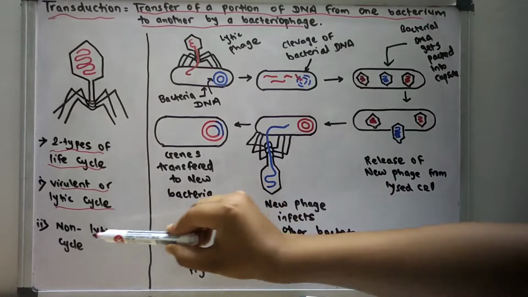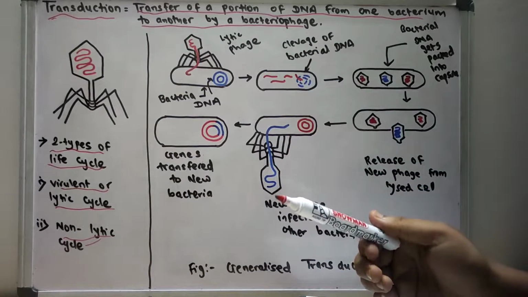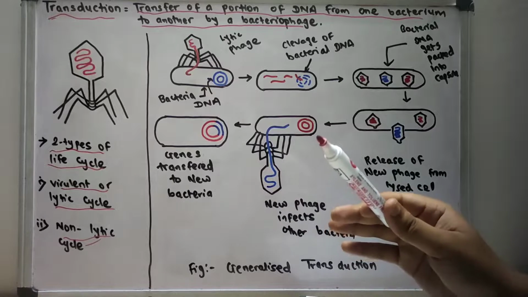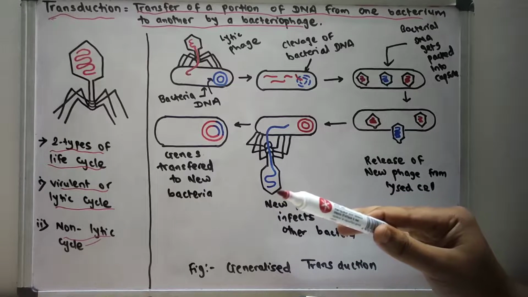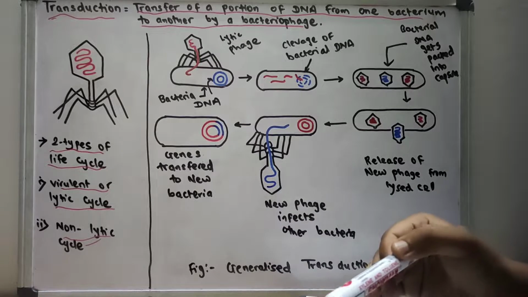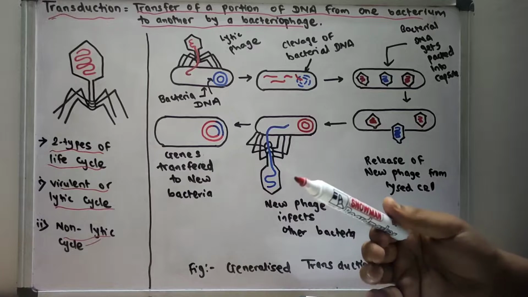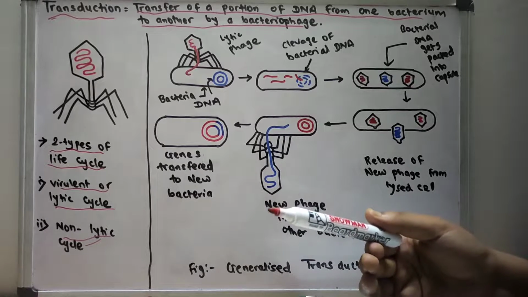In the non-lytic life cycle, the host bacterium is not harmed and the phage DNA becomes integrated with the bacterial chromosome as a prophage, which multiplies synchronously with the host DNA and is transferred to the daughter cell.